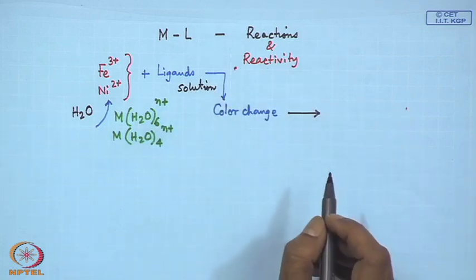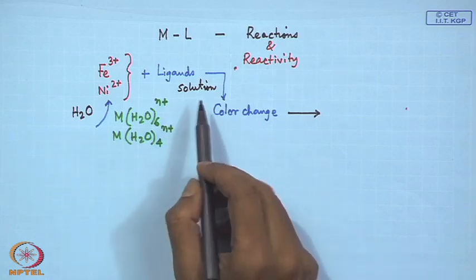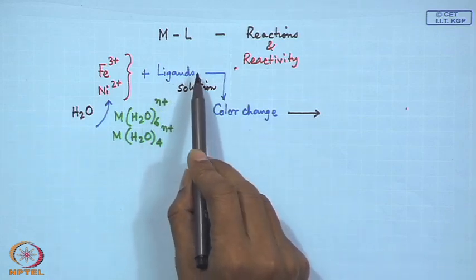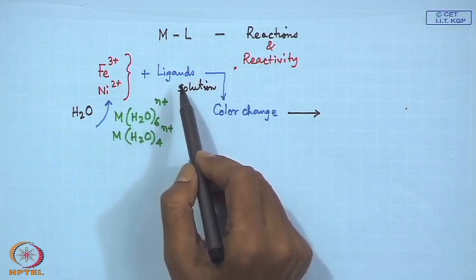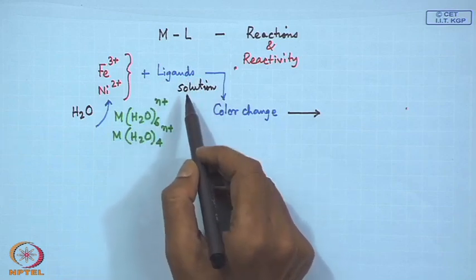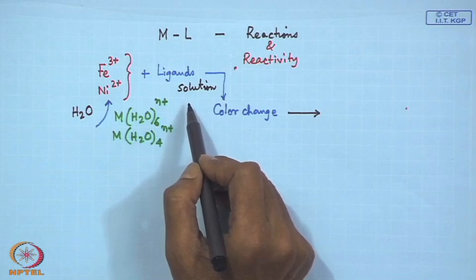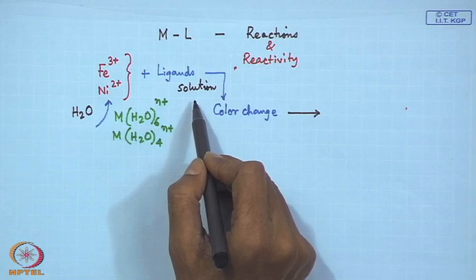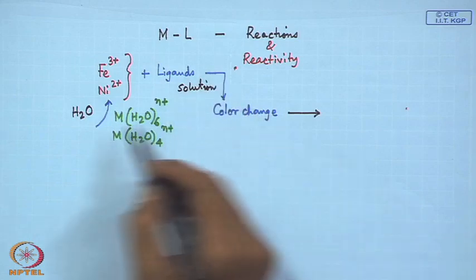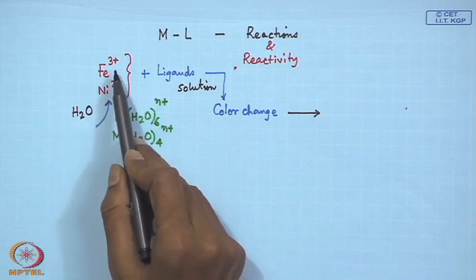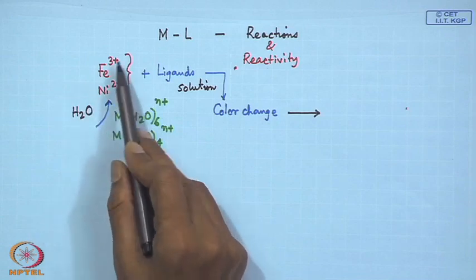Sometimes if big organic molecules such as bipyridine or orthophenanthroline are the ligands, they are soluble in non-aqueous medium such as alcohol, acetonitrile or dichloromethane.